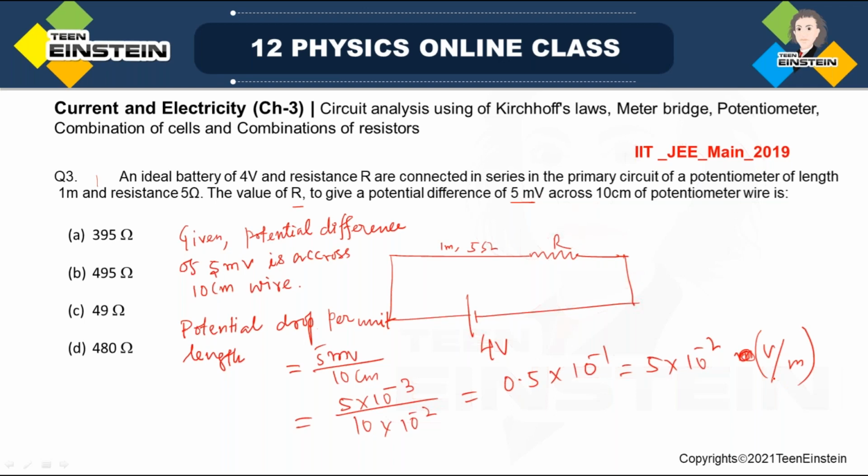The wire of 1 meter length would drop this much potential.